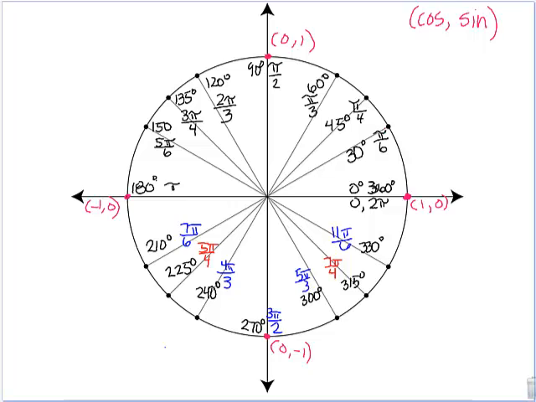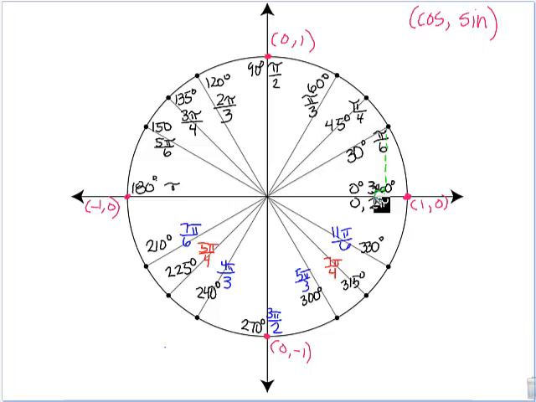How we're going to do that is think of right triangles and geometry. Right at this point on the unit circle, I'm going to envision dropping a line straight down and forming a right triangle. You might not want to draw it right on your unit circle, but we'll draw some triangles off to the side.